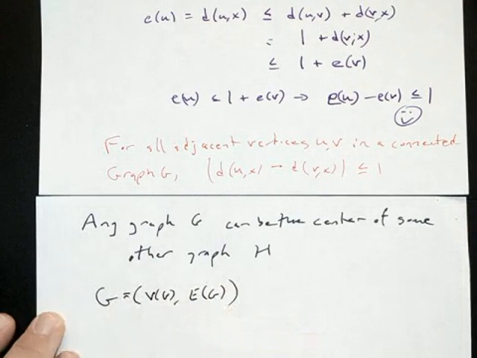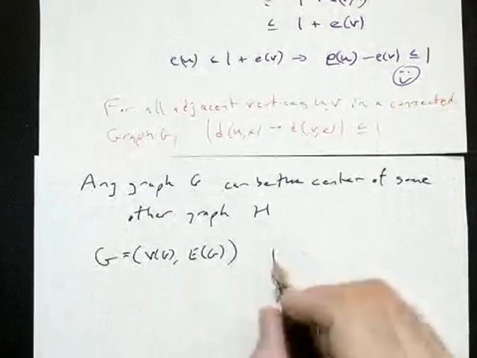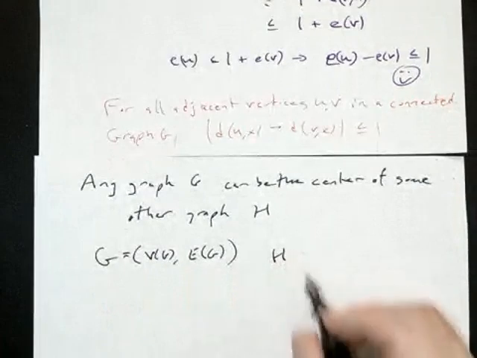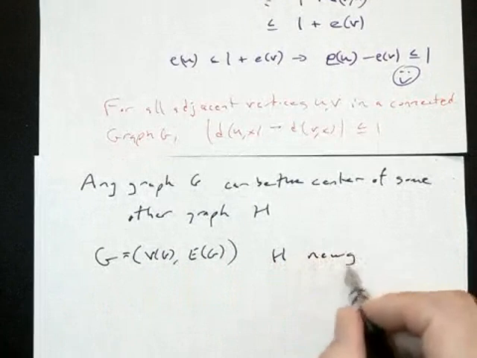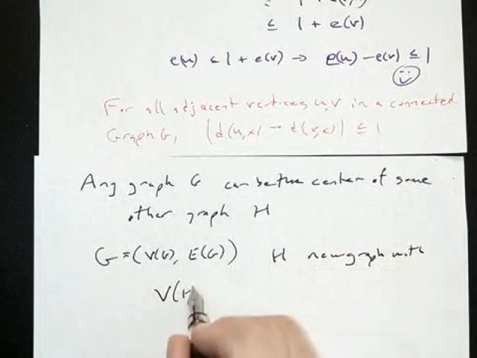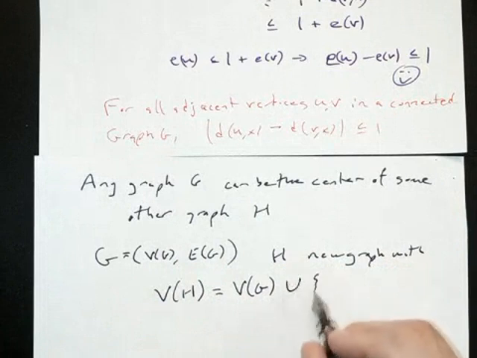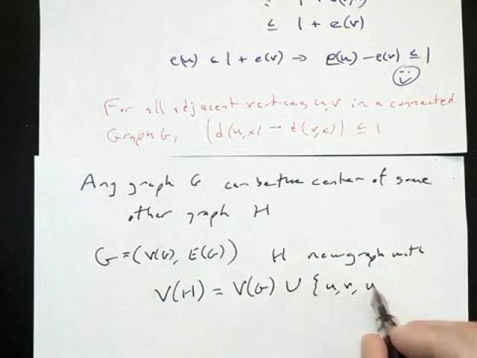So I have some graph with a set of edges and a set of vertices, and I am going to create a new graph, H. The vertices of H are all of the vertices of G and 4 more: U, V, U1, V1.